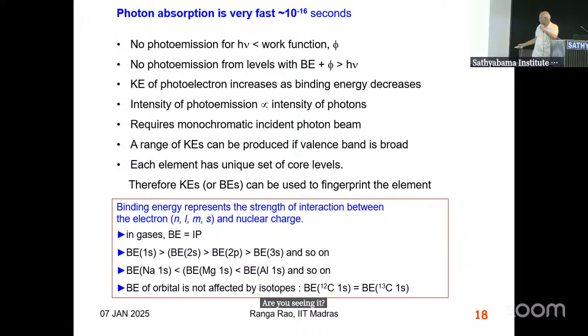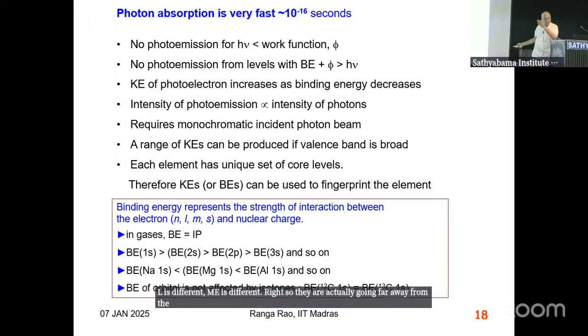And here, orbitals are different. L is different, M is different. Right? So they are actually going far away from the nucleus. So the influence of the nucleus is less. So nuclear charge influence is less. Okay?